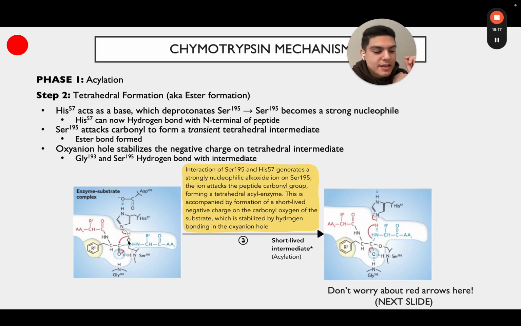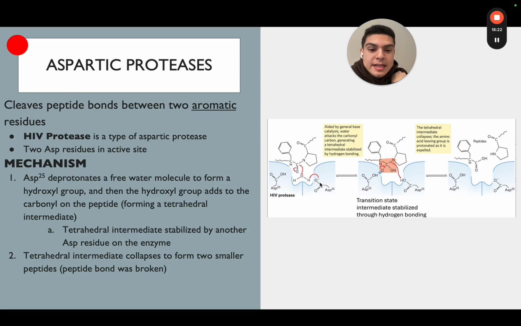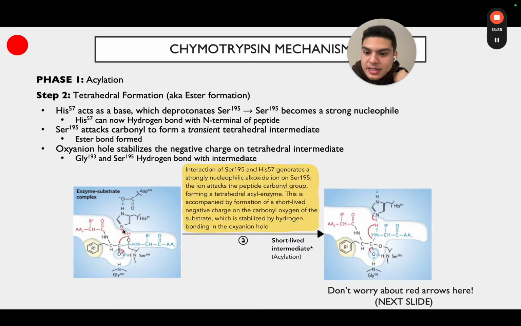And there's a difference. In aspartic proteases, as we saw, it basically does a similar effect, right? It will deprotonate the water, which becomes a strong nucleophile. But in this case, we're not using water for the serine protease, we're using the serine itself. So in this case, we see that the histidine deprotonates the serine. The serine is going to attack this carbonyl carbon next to the peptide, within the peptide bond, adjacent to it, and it's going to form this tetrahedral intermediate, and it pushes back these electrons from the carbonyl oxygen to form that negative charge.